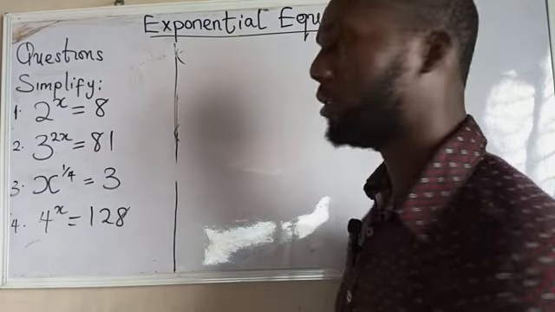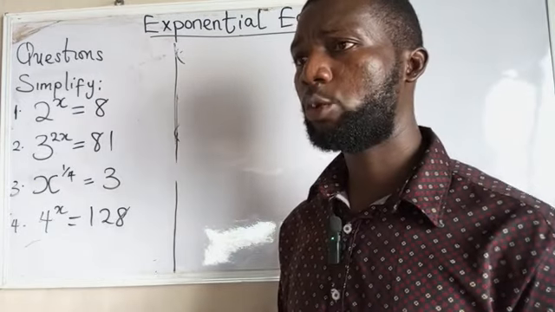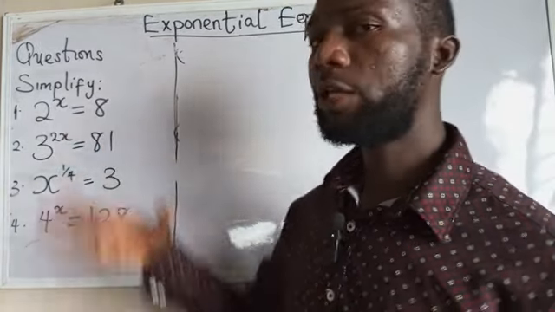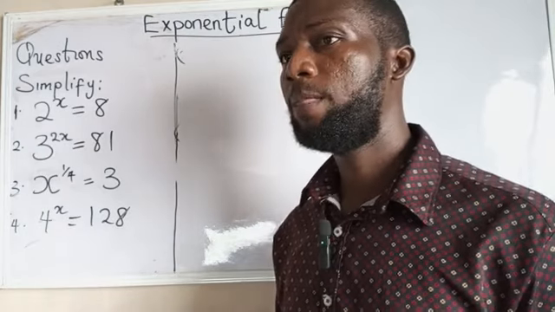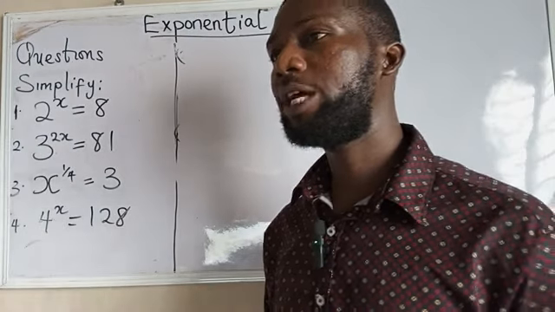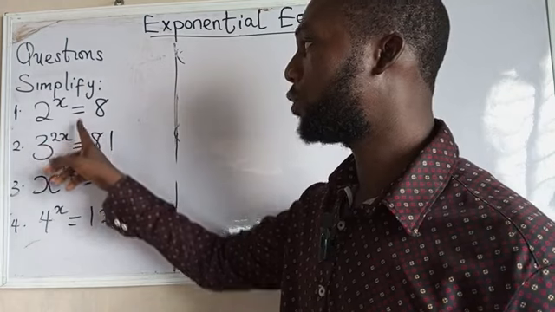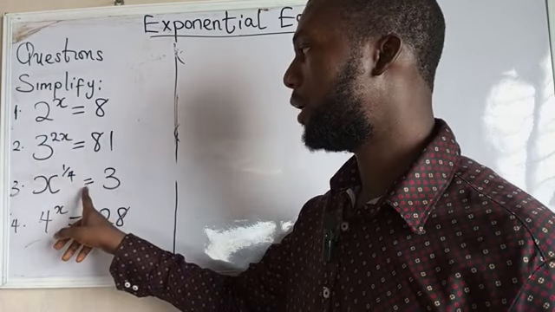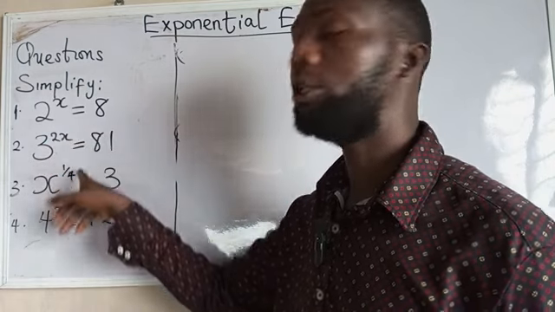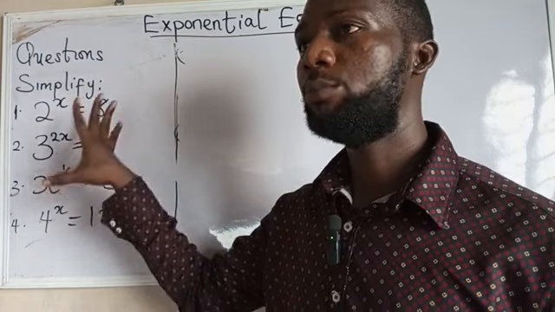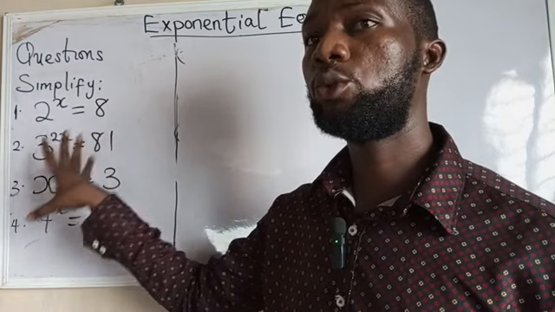So how do we go about it? Let me do a quick summary: exponent means power, and it becomes an exponential equation because of the equality sign that is included in what we want to solve.